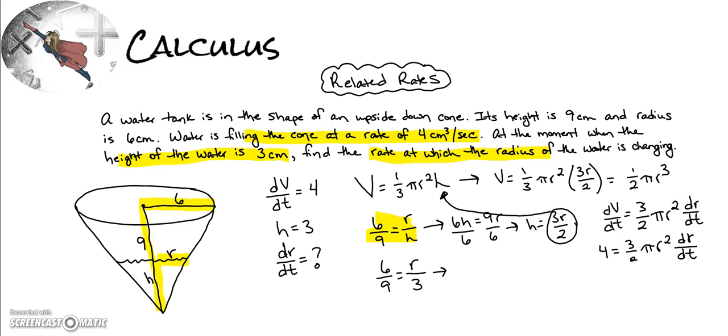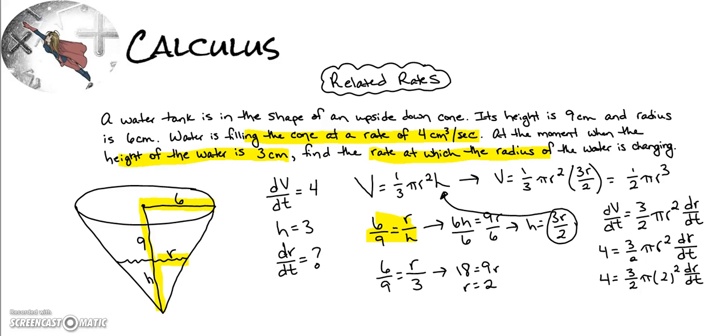So if I cross multiply, I get 18 equals 9r. So that means that r equals 2. So I'll go back over to here and just plug in that 2. And we've almost got our answer. So this is 2 squared now times dr/dt.